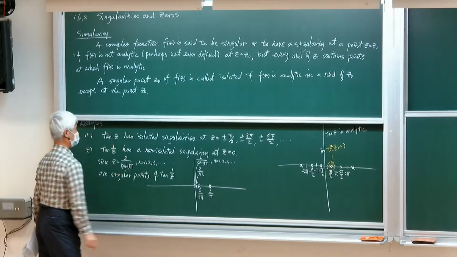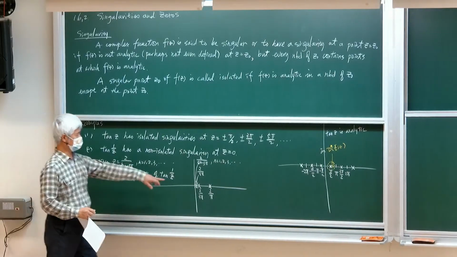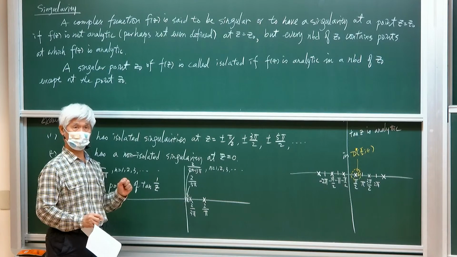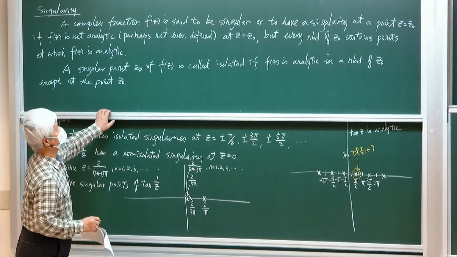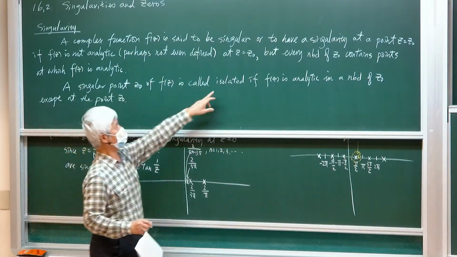So this sequence of points approaches 0. It approaches 0, so it's not isolated. Why?